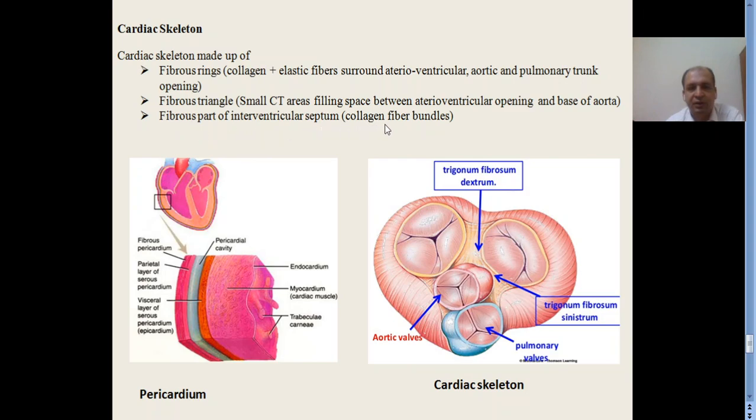These are collagen fibers present in the interventricular septum area. Interventricular septum is the wall that separates the two ventricles, that is, the right and left ventricle.